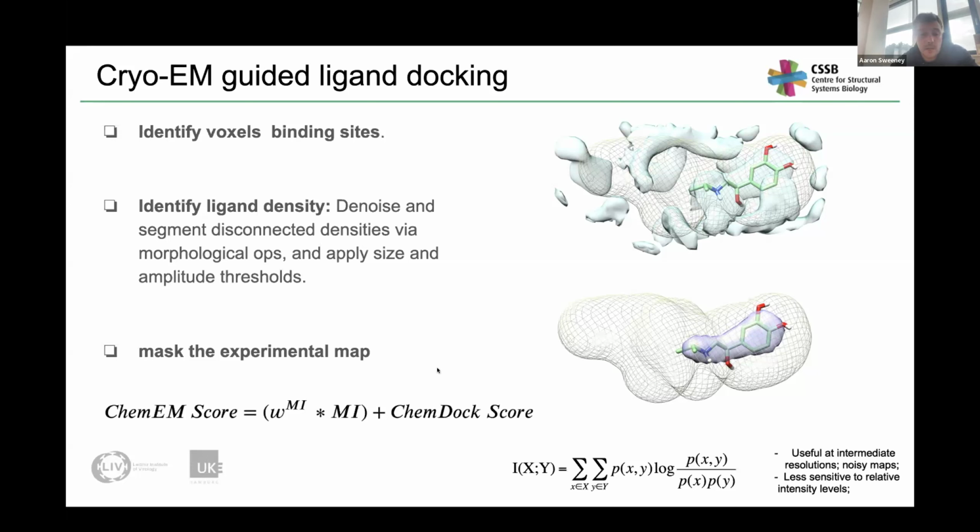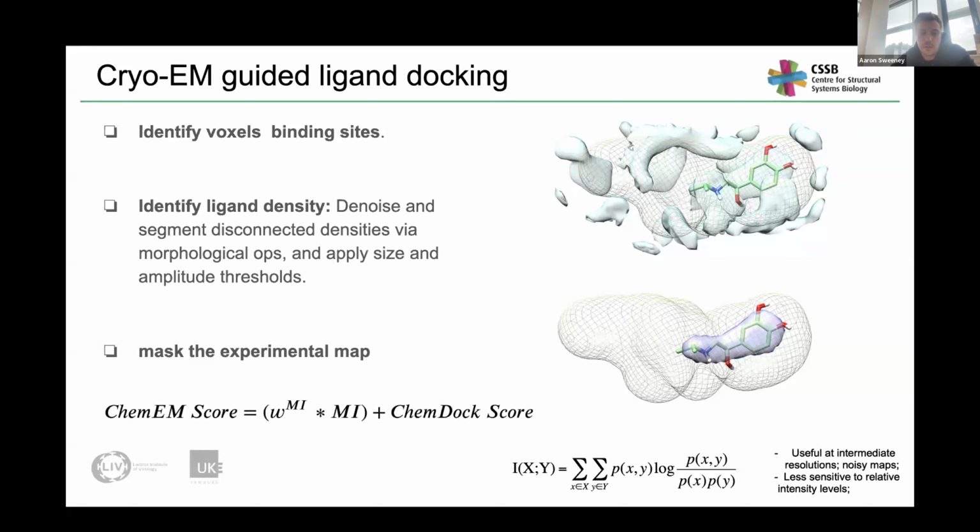We then add this to the ChemEM score using the mutual information scoring function. Mutual information is a goodness-of-fit metric, similar in a way to cross-correlation. However, what we found is that at lower resolutions, mutual information was more robust to changes in resolution.